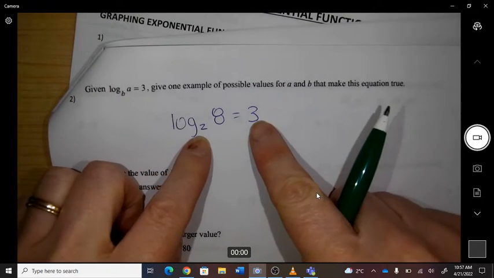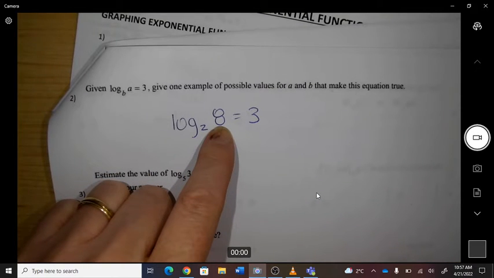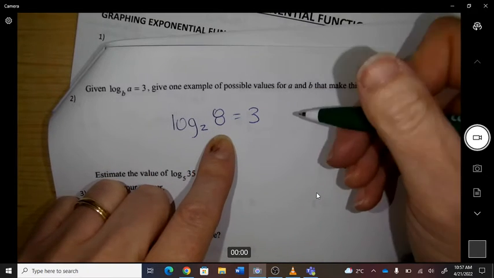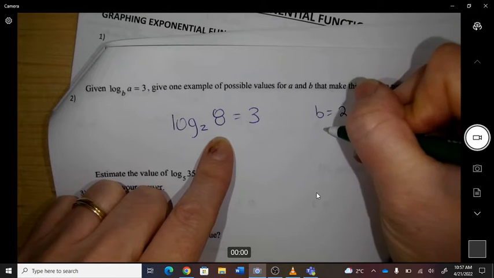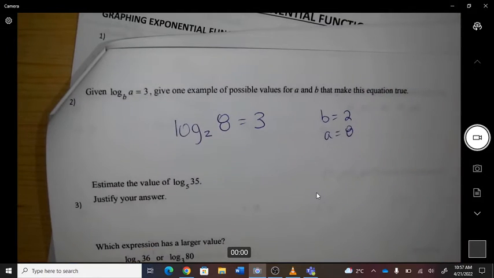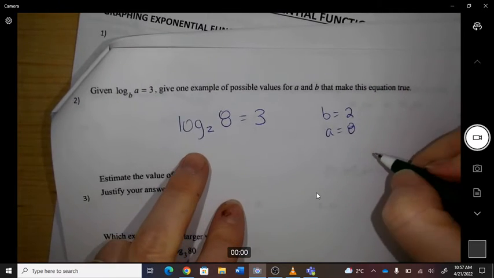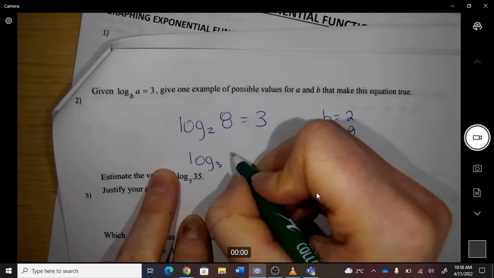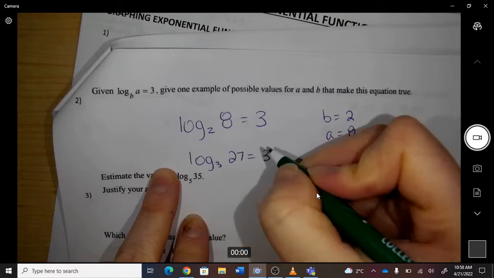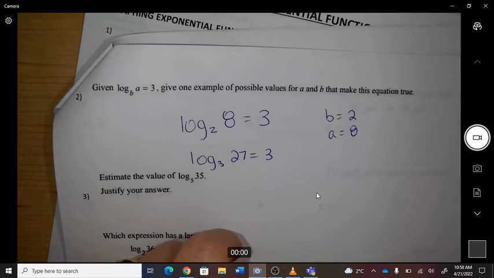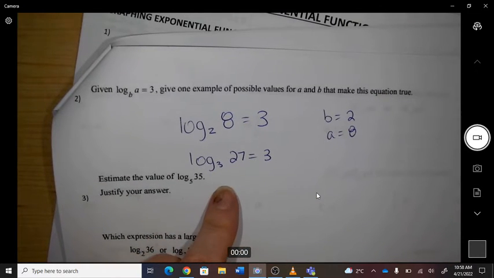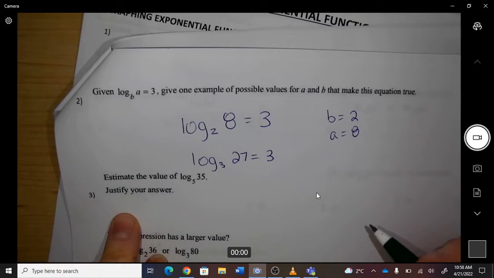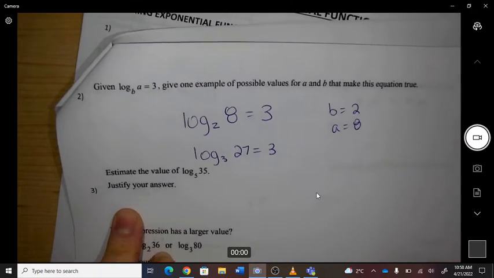So 2 cubed is a result of 8, so B could equal 2 and A could equal 8. You could have done a 3 and a 27 because 3 cubed is 27. Okay, so many other ones.